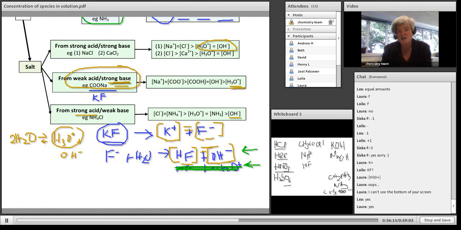And my base must be either ammonia, so in other words NH4Cl for instance, or it could be the methylammonium ion, so I could have for instance CH3NH3+.